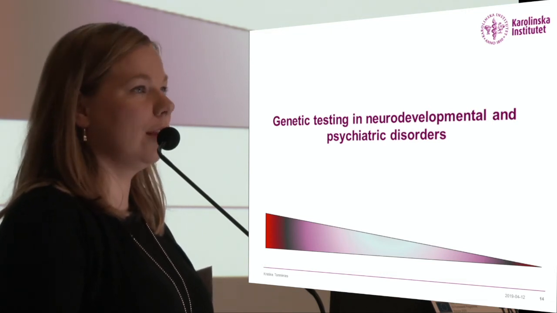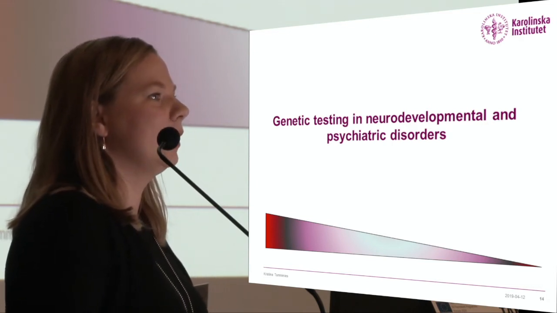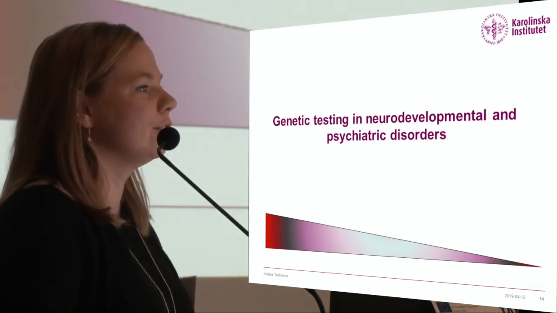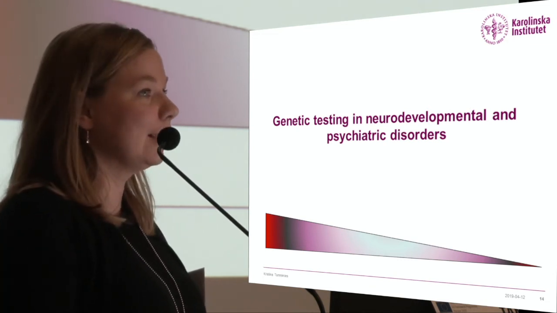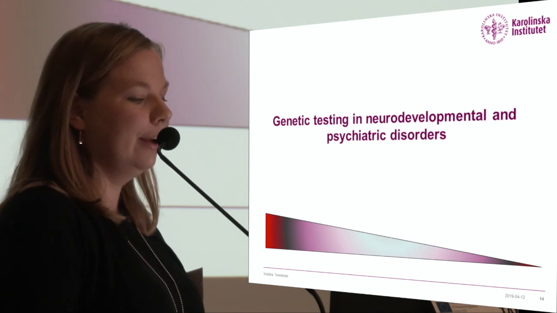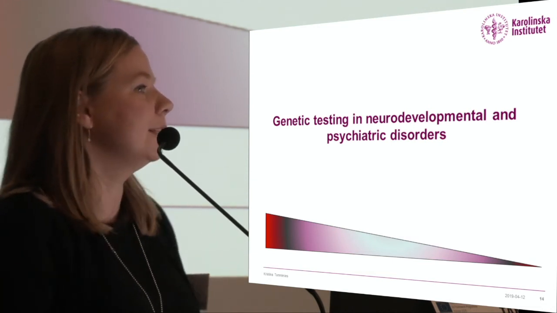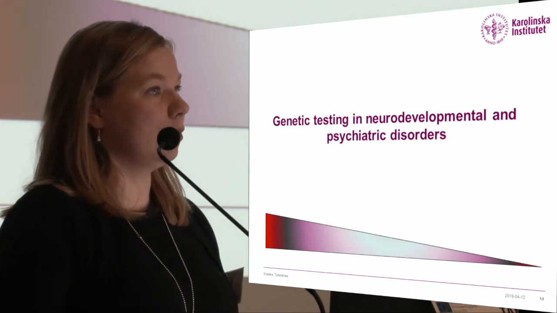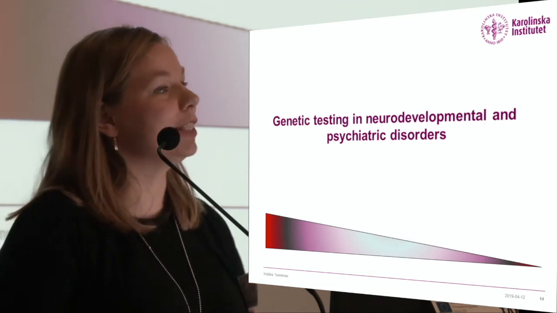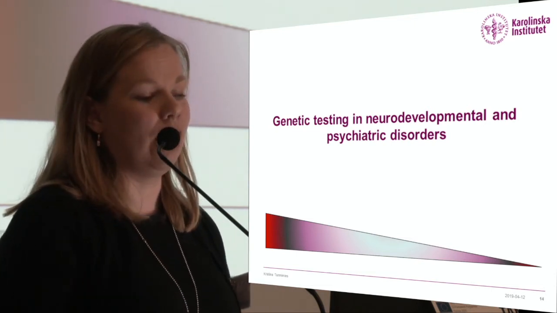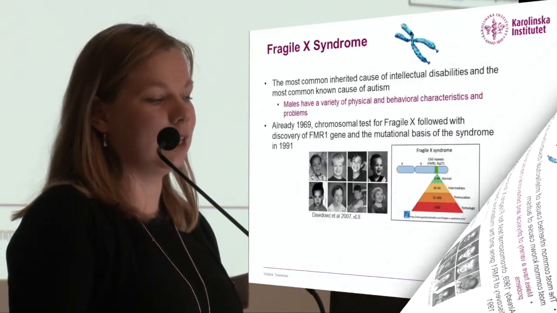We know that there is a complex interplay between genetics and environment, and lots of different levels of variance, all the size categories, also common and rare. Most likely we won't have the whole spectrum that would benefit from genetic testing in psychiatry or neurodevelopment directly, but maybe we could get one of the tails that would actually have highly beneficial information from genetic testing.